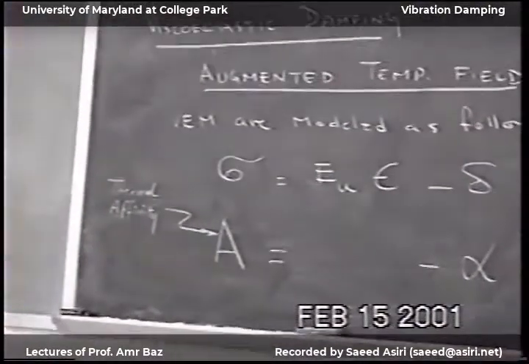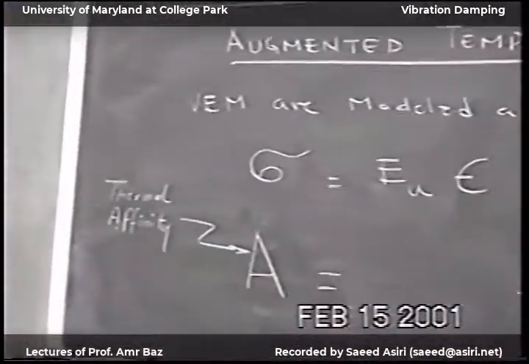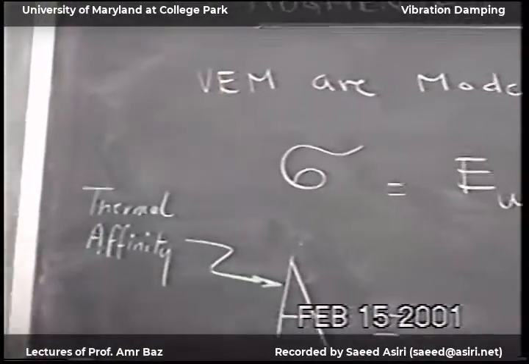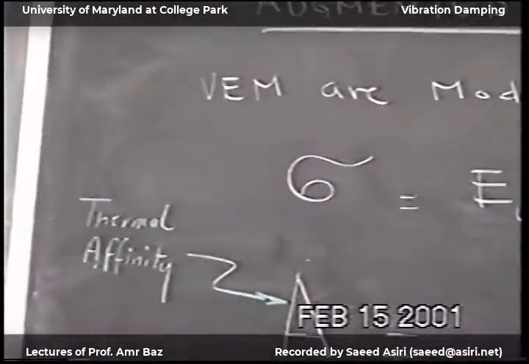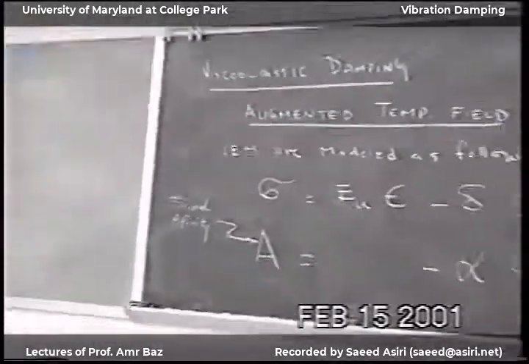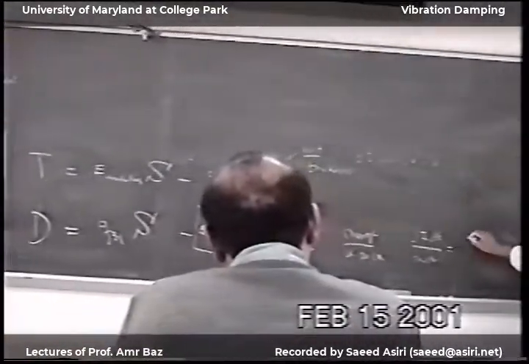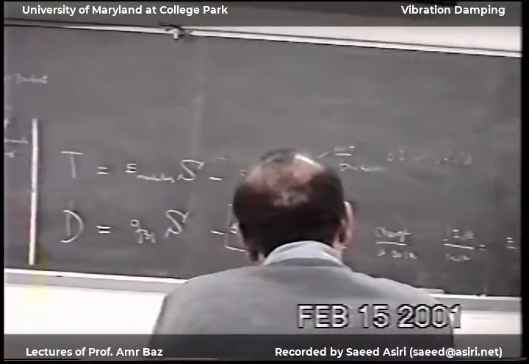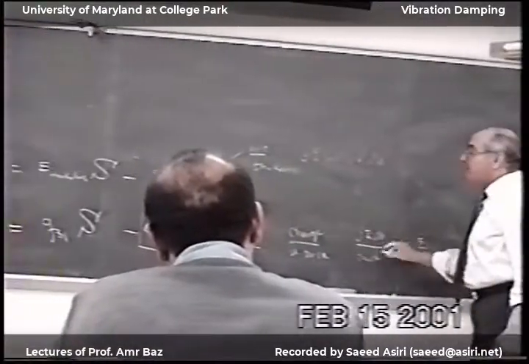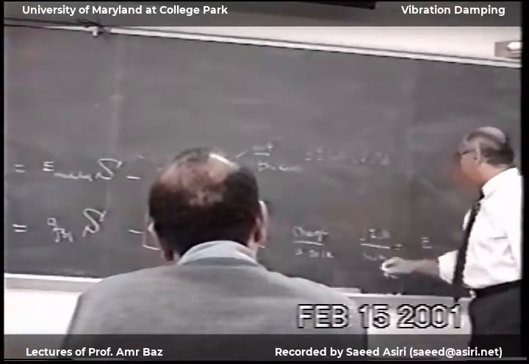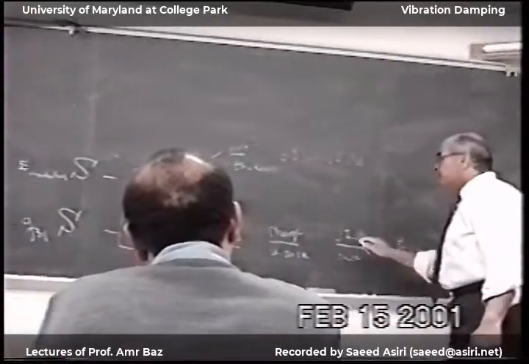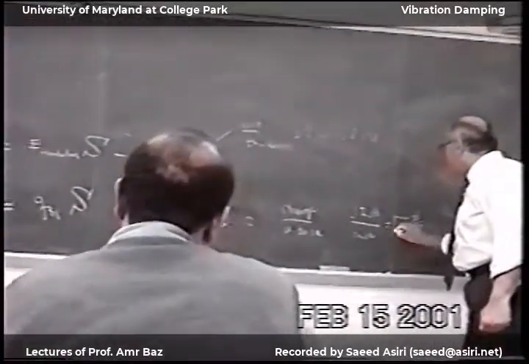So now if we look at the relationship between E and D, it was like this. E, and then we have here the properties of the material system that we have here.